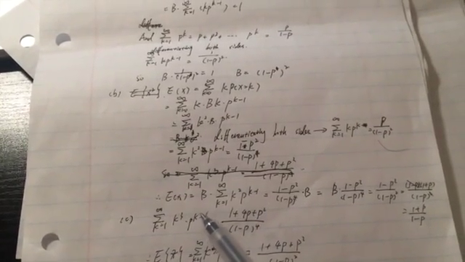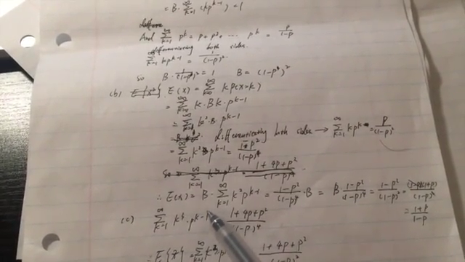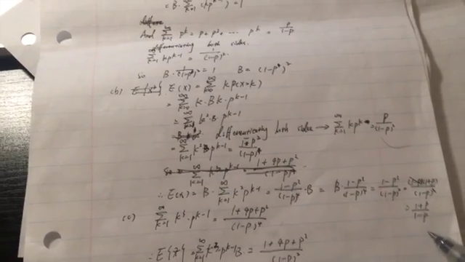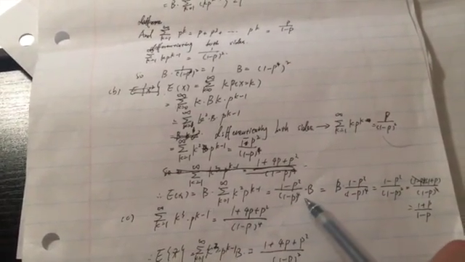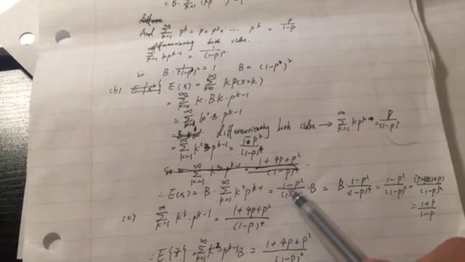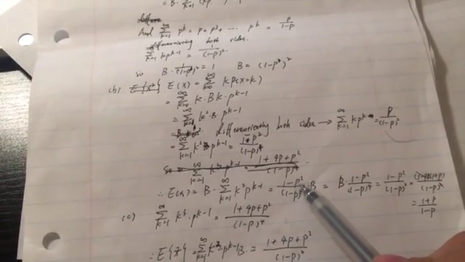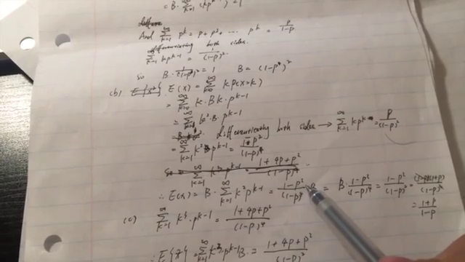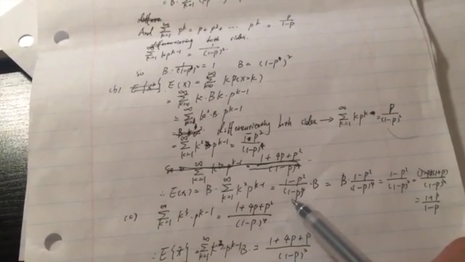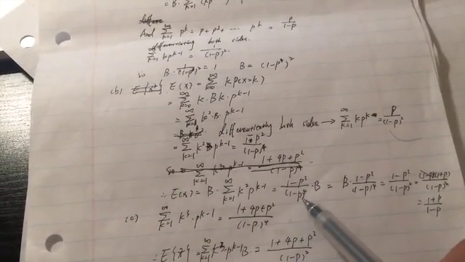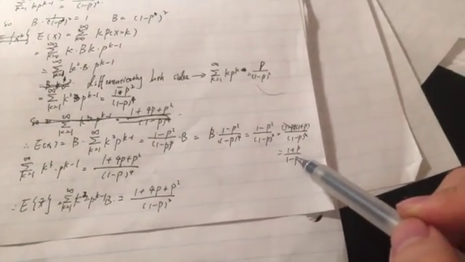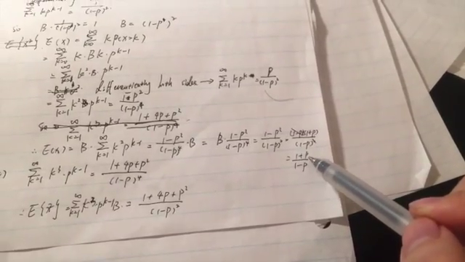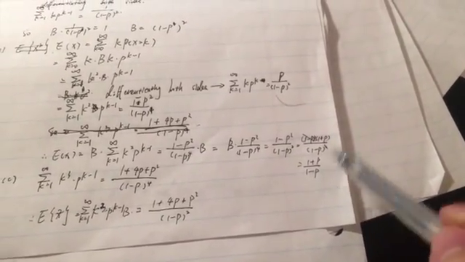So we get EX equals b times (1 plus p) over (1 minus p) cubed, and we can get that equals (1 plus p) over (1 minus p).